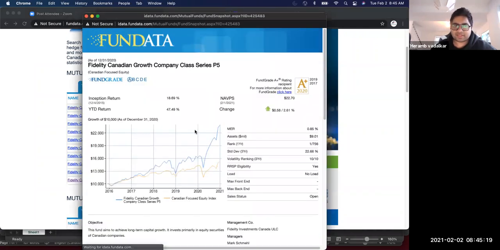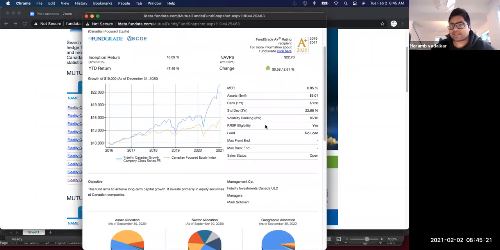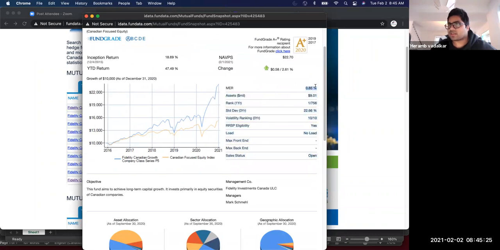But if you open this, you'll see all the details. This fund generally charges an MER of 0.85. So if you invest $1,000, $8.50 will be charged as a fee every year.